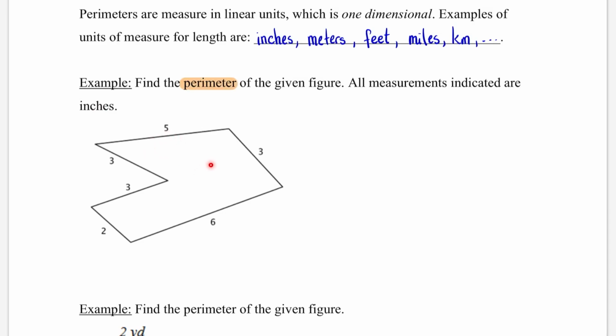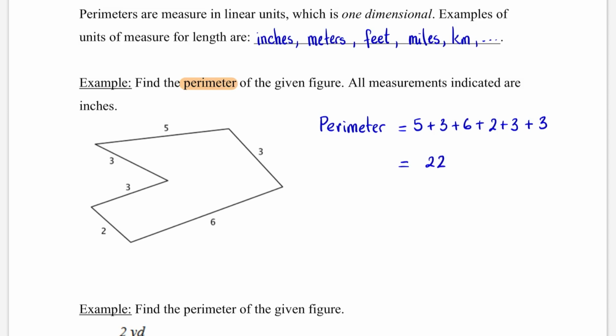I have a polygon here, and I'm looking for the perimeter. The perimeter of a polygon is the sum of all sides. So if I take 5 plus 3 plus 6 plus 2 plus 3 plus 3, that is my perimeter, and that is 22.